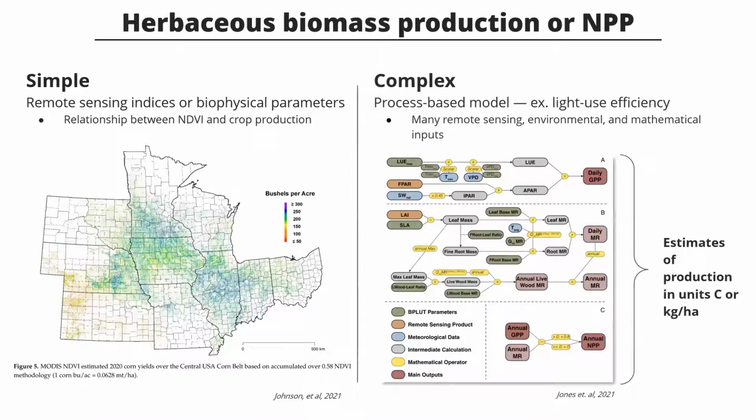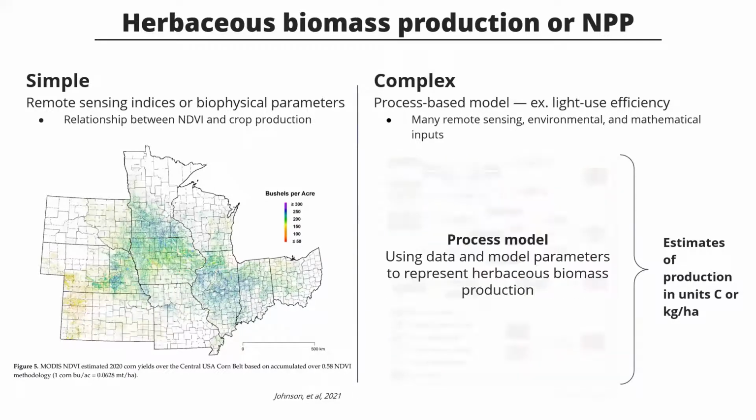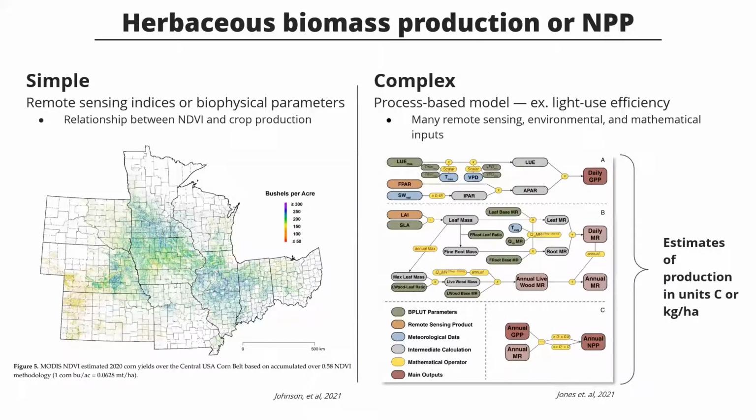And I'm actually going to skip most of this slide. I'm not going to cover this diagram here because it's complex and I would get into trouble if I tried to talk about it because it's a complicated model that I was not involved in.